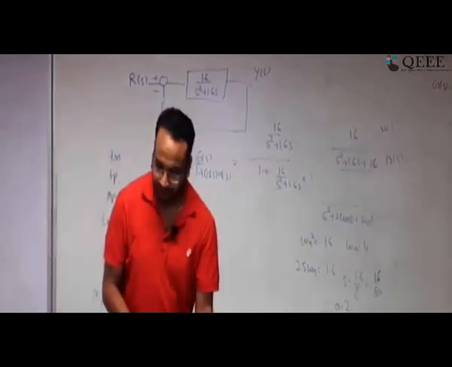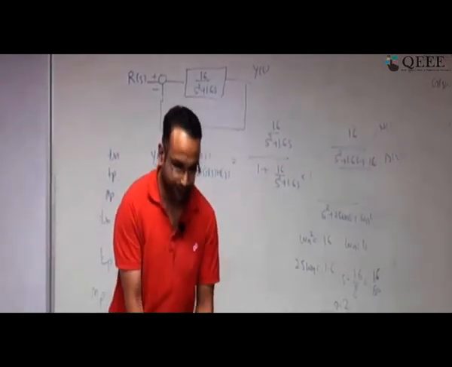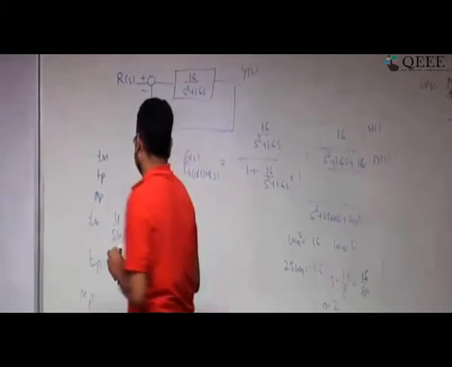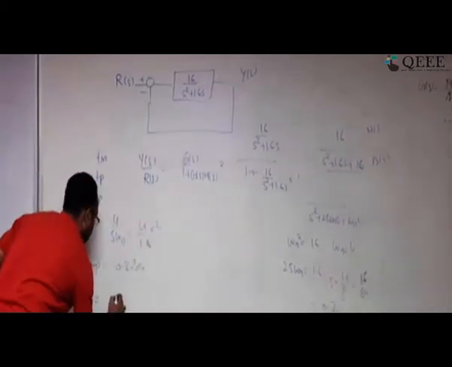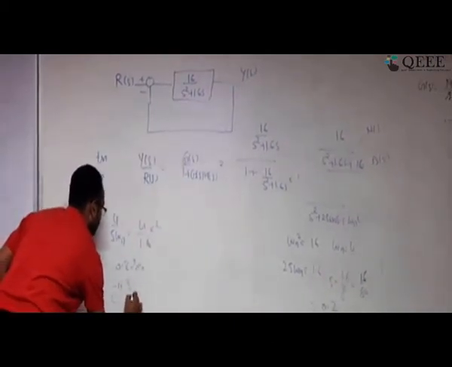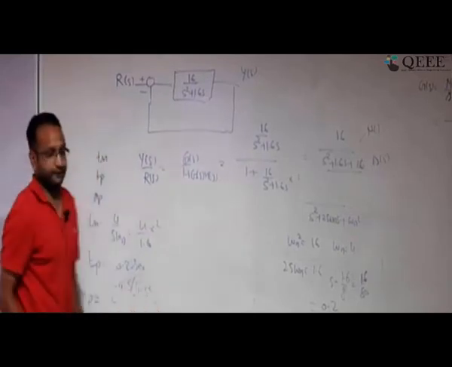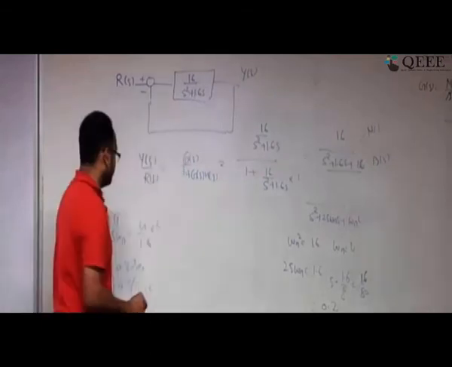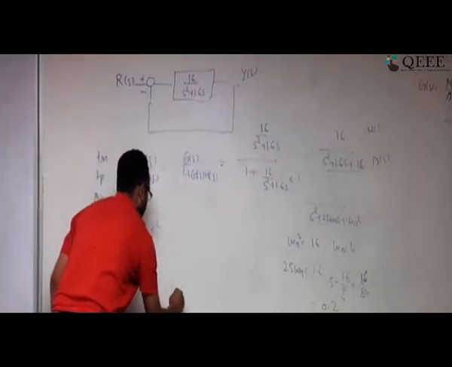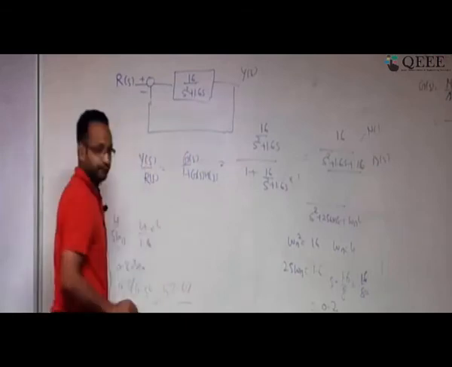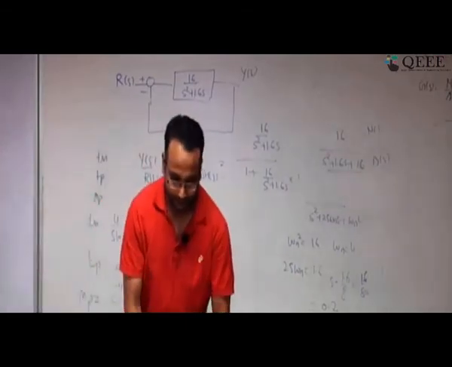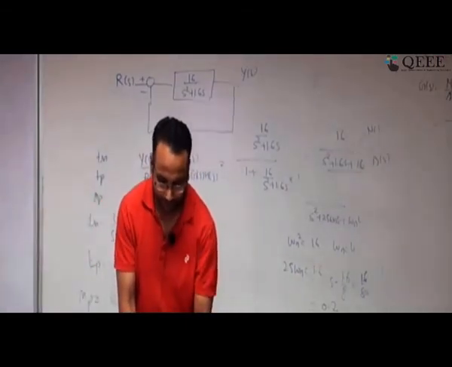The maximum peak overshoot is e to the power minus pi zeta divided by square root of 1 minus zeta square. If you solve this, I have got the value 52.6%.